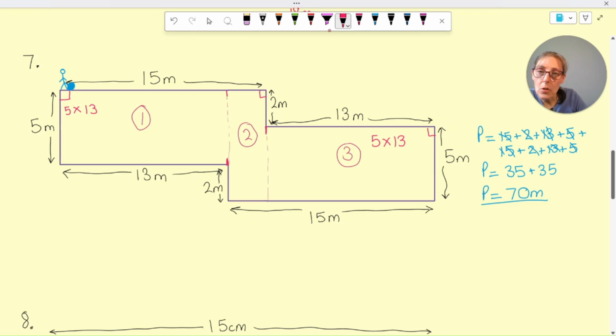So actually what I've got to do is make sure that I look at where the boundary is. Okay, so 13 stops there. Right, I'm happy with that. Okay, so what's this length then? So I know that's 2. And I know this bit is 5 here.